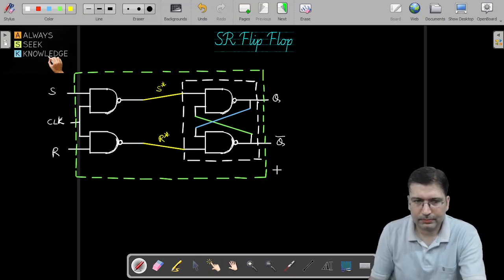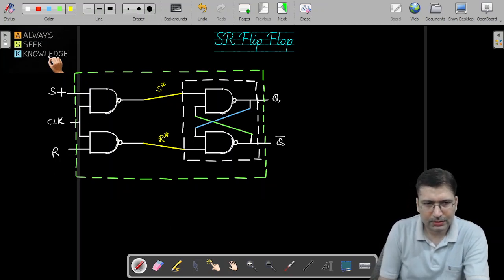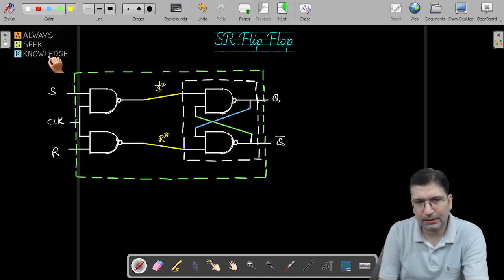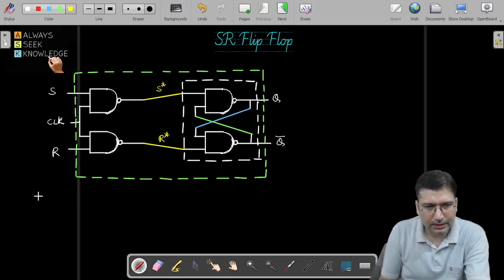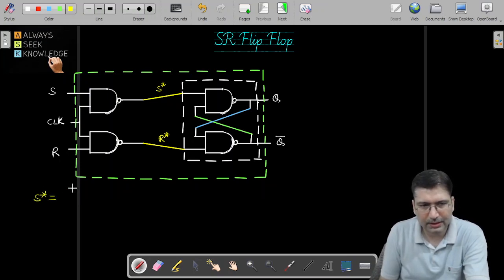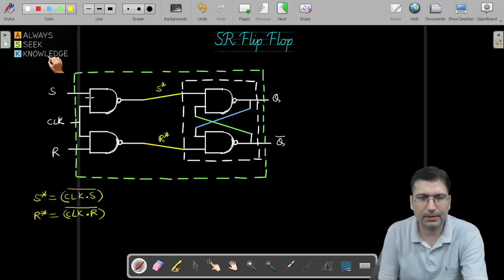Now let's draw the truth table for this flip-flop. So you first try to understand what is S star and R star. So if I consider S star, actually it is clock dot S whole bar, and R star is clock dot R whole bar, the complement of it, right?